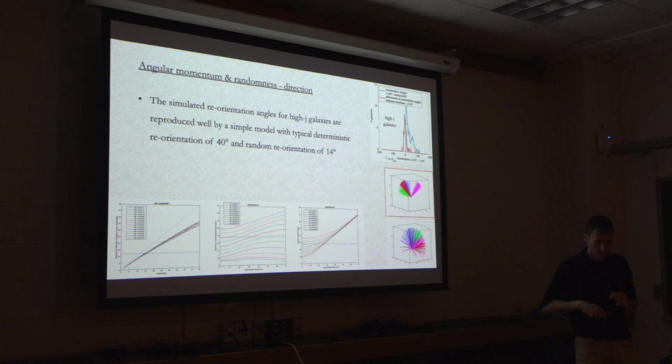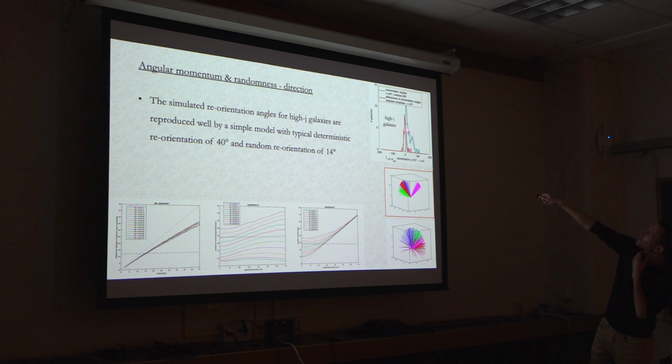Apparently this can be pretty well fit by a simple model where each galaxy has two components to the reorientation that it undergoes over cosmic time. One is a deterministic component, and then around that it also has some additional random variation. So these distributions for high angular momentum galaxies can be explained by a simple model like that, where we just prescribe the degree of deterministic and random component, and we plot.